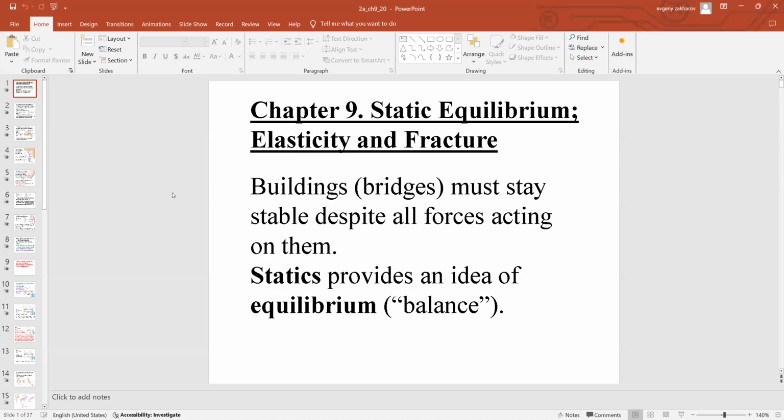Okay, today is chapter 9. It's a brief introduction to what we call statics. There is a whole textbook and a whole class that's called statics, and you can become very proficient in that matter and become a civil engineer.